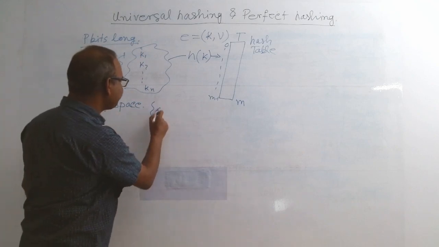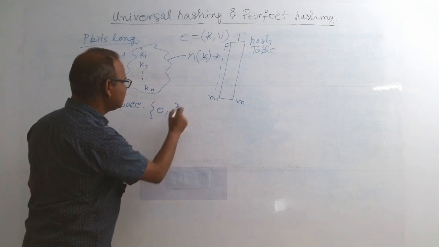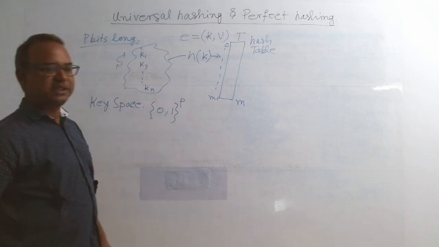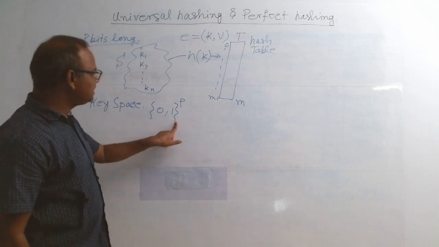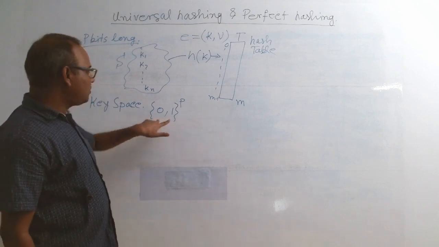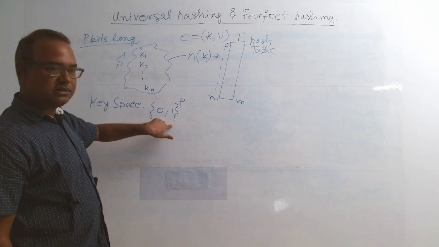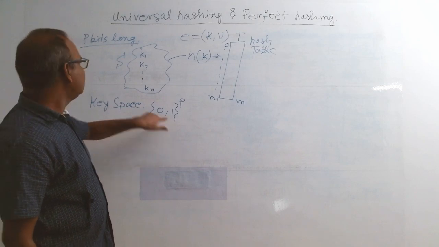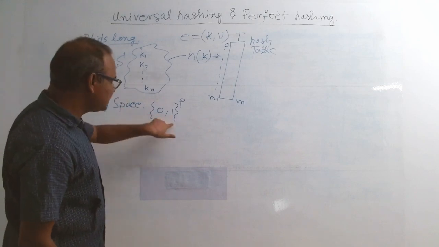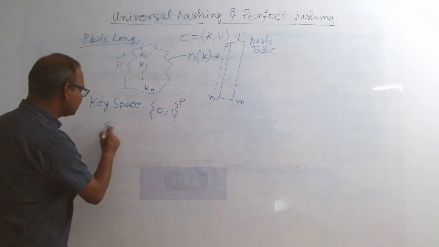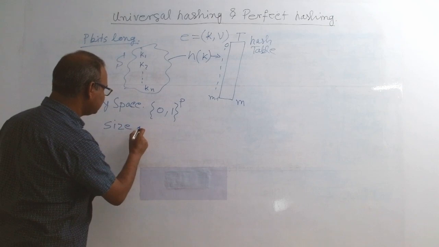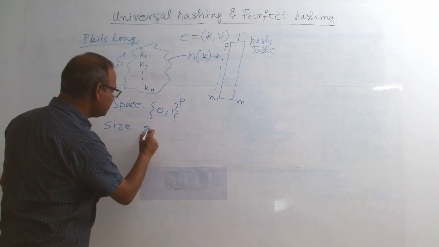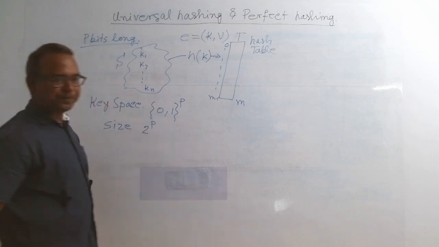It will be all possible strings of length p over 0 and 1. So the size of this key space is 2 to the power p.